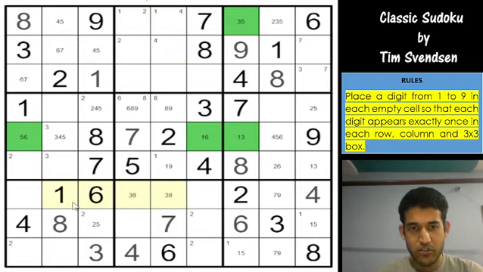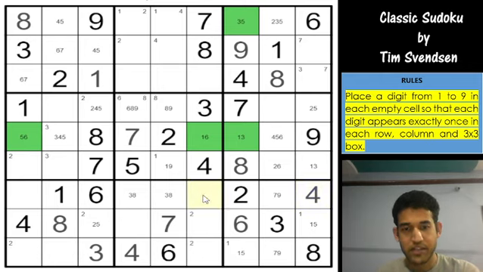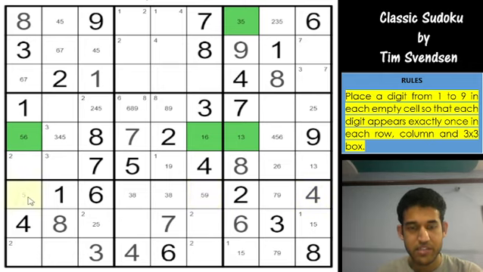So if I look at row 7, I have 1, 3, 6, 8 and 2 and 4. So I can write in the remaining candidates. This must be 5 and 9 because of the 7, and this must be 5, 7 and 9.